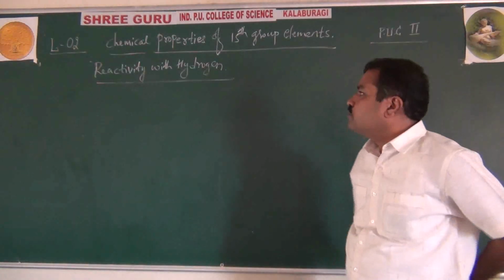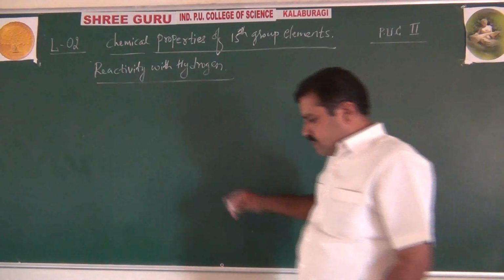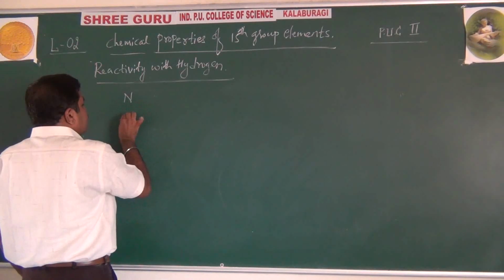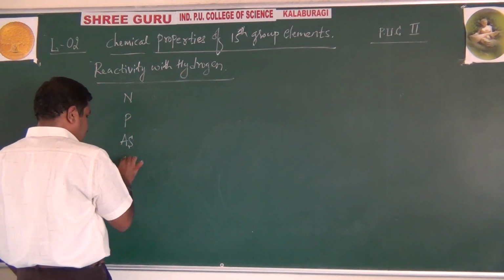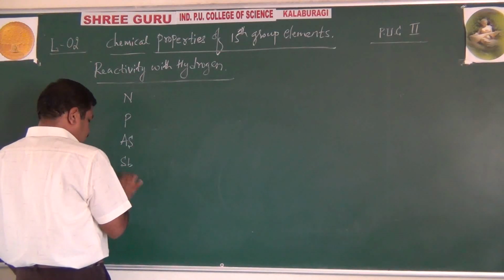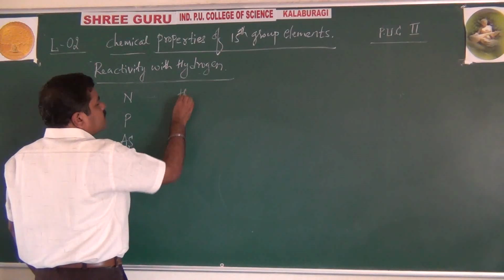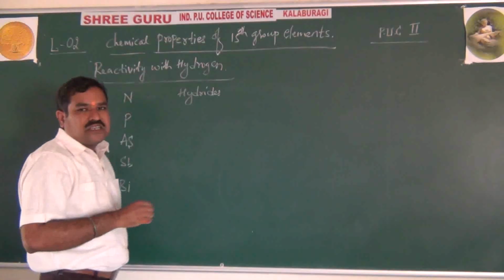Simple. Especially these 15 group elements: nitrogen, phosphorus, arsenic, antimony, and bismuth, they react with hydrogen and form respective hydrides. They form hydrides with -3 oxidation state.